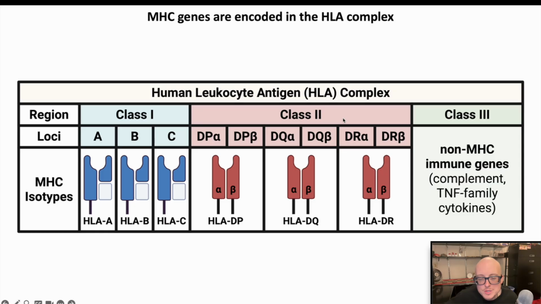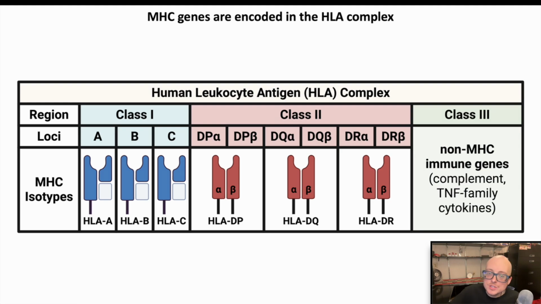For class 2, things are slightly more complicated, but the same general trends apply. There are three isotypes of MHC class 2, which we call DP, DQ, and DR. But unlike MHC class 1, MHC class 2 is a dimer of alpha and beta chains, both of which interact with antigen, both of which are required to form the peptide binding groove.